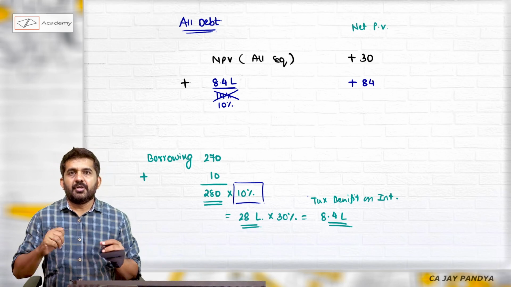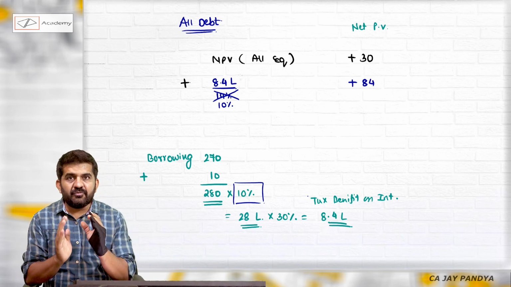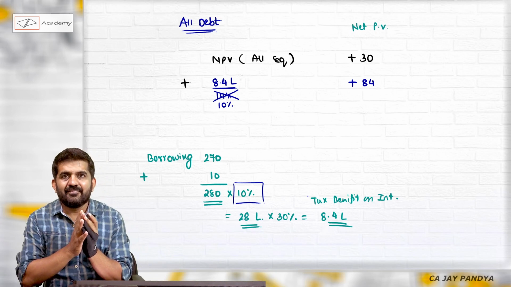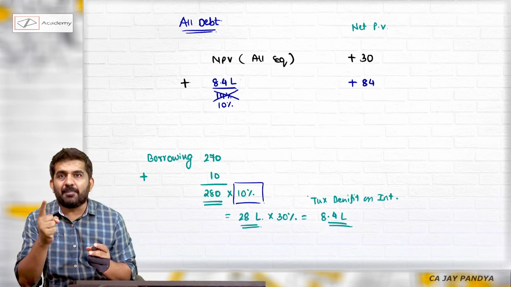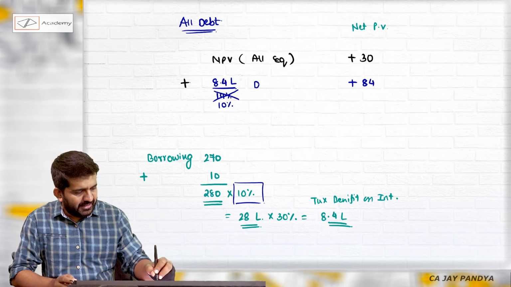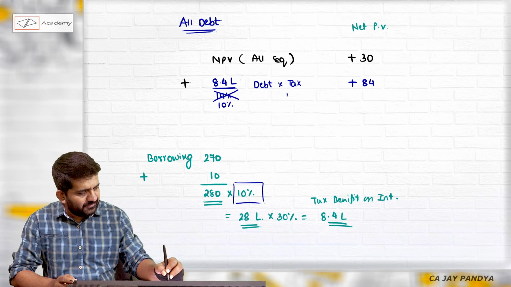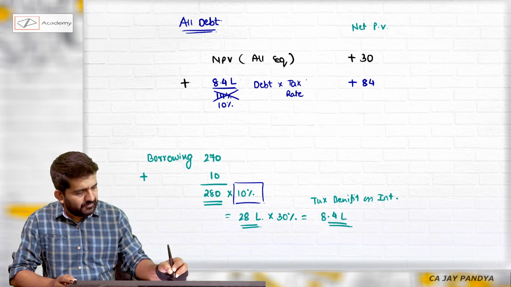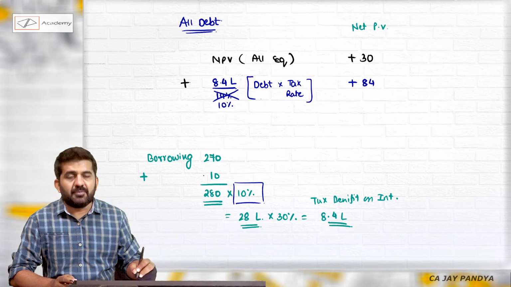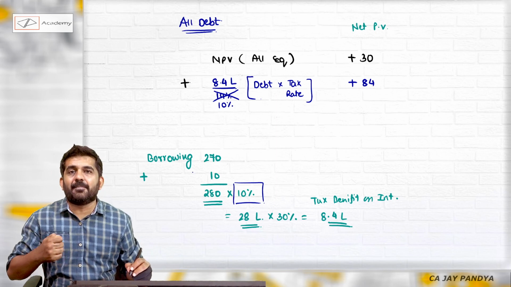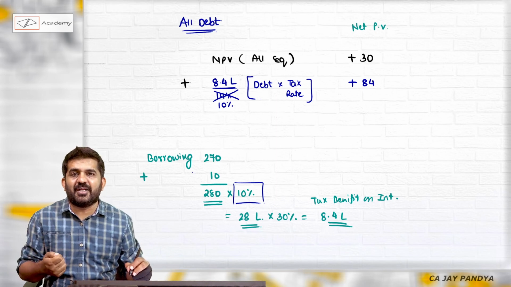Alright. Please understand, we have even done Modigliani Miller. And at one place, this was the answer: debt into tax rate is nothing but total tax benefit as far as the present value is concerned.